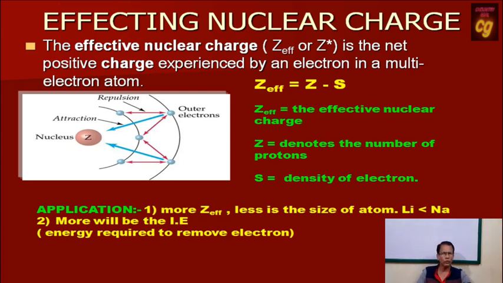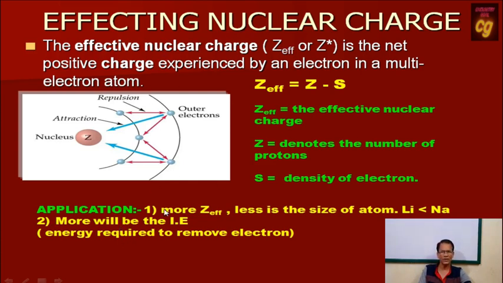If S is more, then automatically Z effective will be less, because Z, the number of protons in the atom, is constant. But if S changes, that is, the number of electrons in between changes, then Z effective changes.